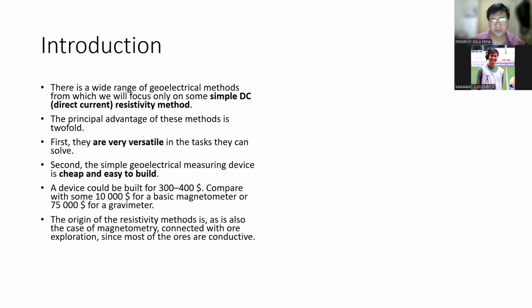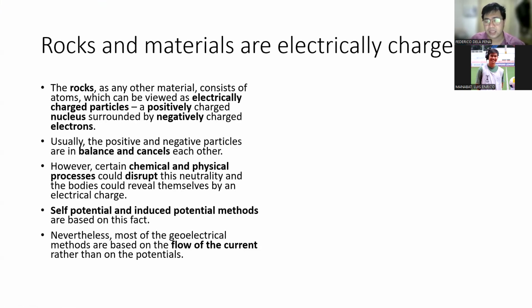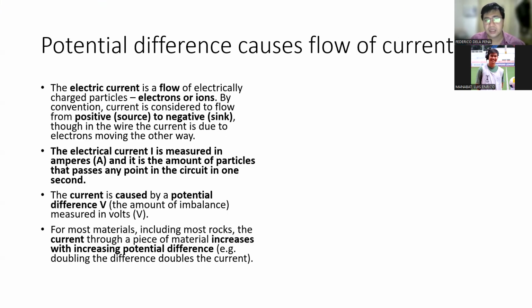However, for this session, we'll be focusing on this one method. Particularly, it's the most versatile electrical method, and it's relatively cheap to build. And let's talk about the theory.